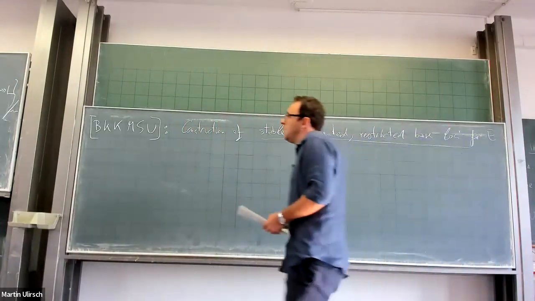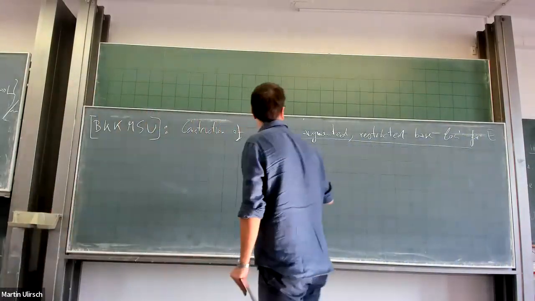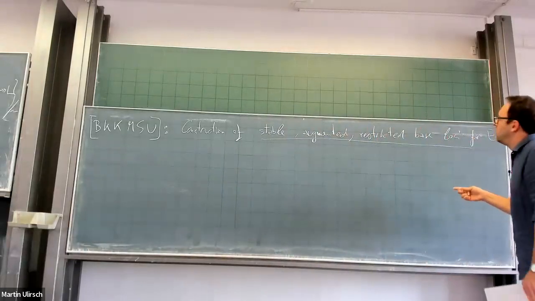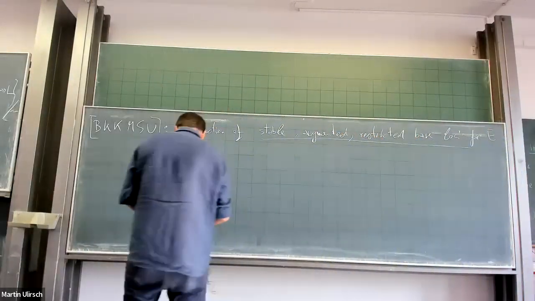For example, ampleness and nefness are related respectively with augmented and restricted base loci of E.